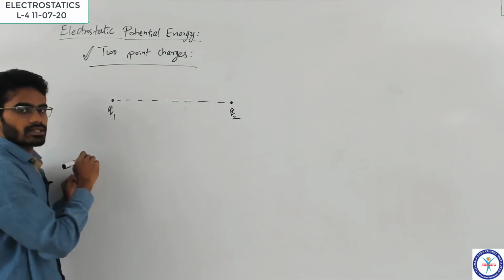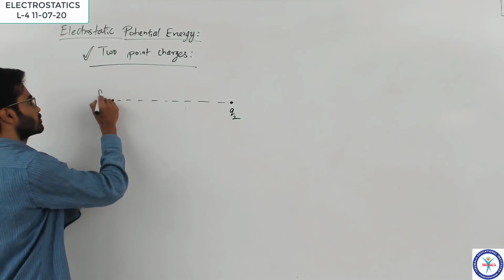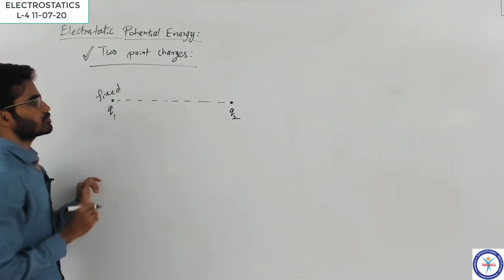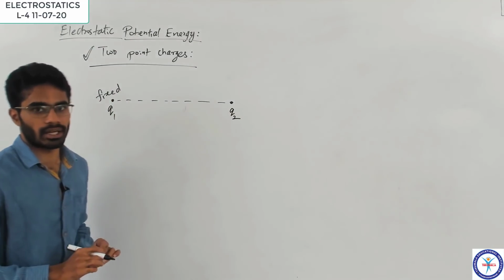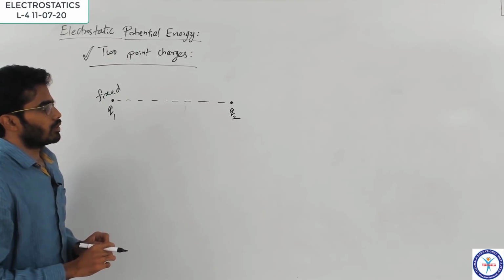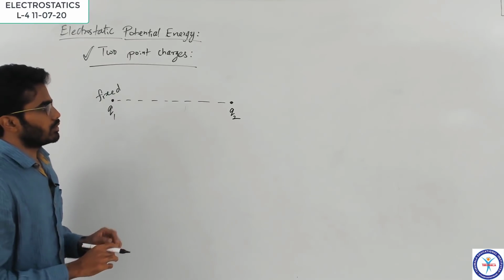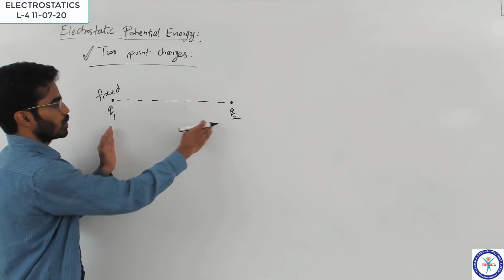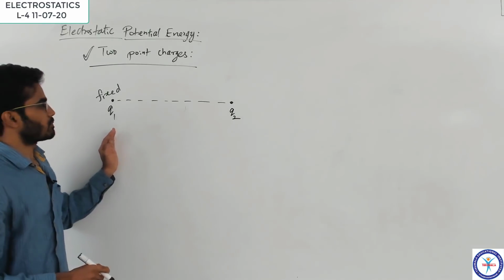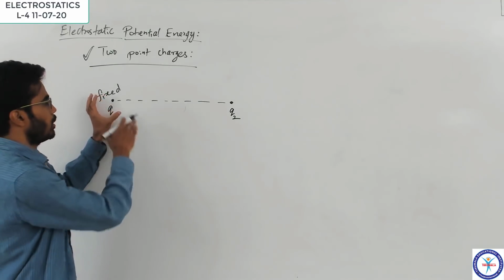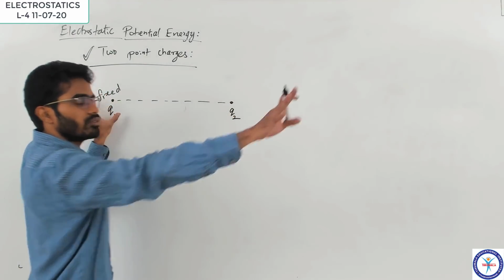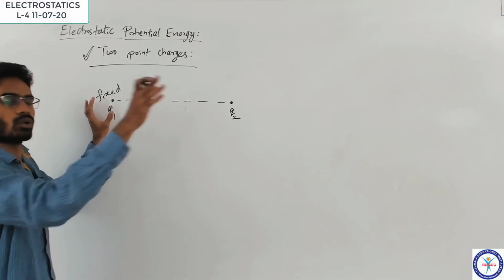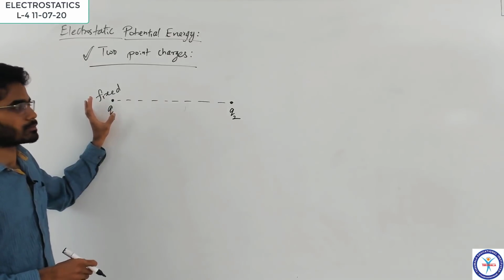Now let us fix this charge and let us move only Q2 with the help of some external agent. See, in this case, if these two are positive charges, what happens? If this is fixed, because they are positive charges, they will repel, and this will be pushed to infinity. This will accelerate, the charge will go to infinity, right?